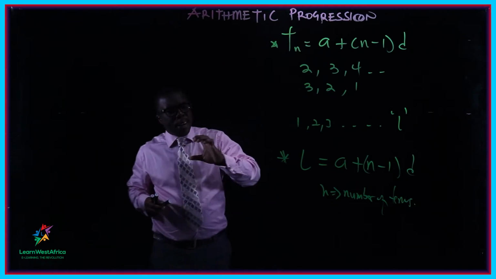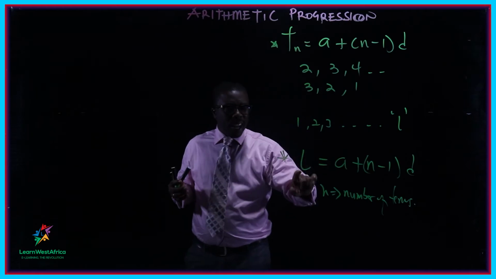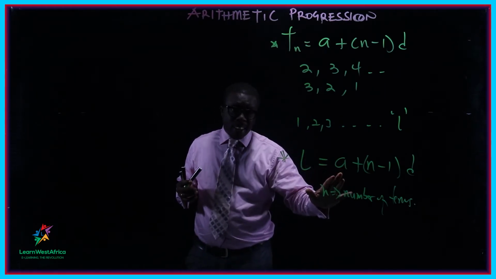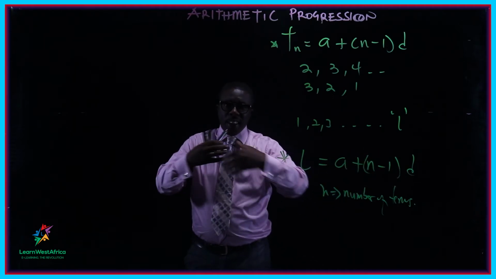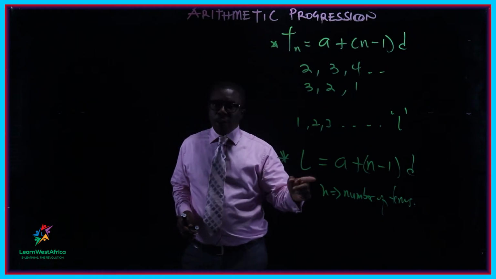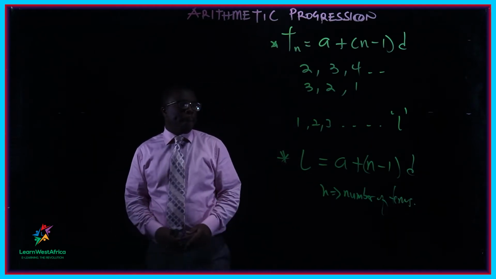So anytime you have an arithmetic progression where the last term is stated, if you slot the last term in place of L, find your A, that is the first term, and the common difference, and simplify using algebraic means, the value you get for n is equal to the number of terms in the arithmetic progression. All right.